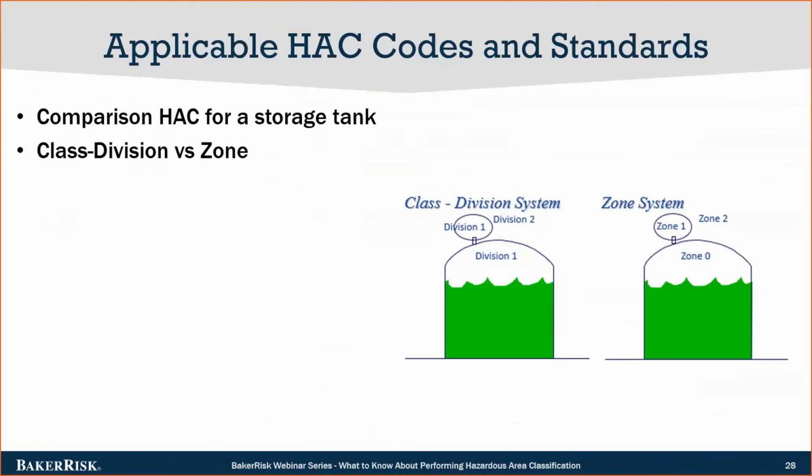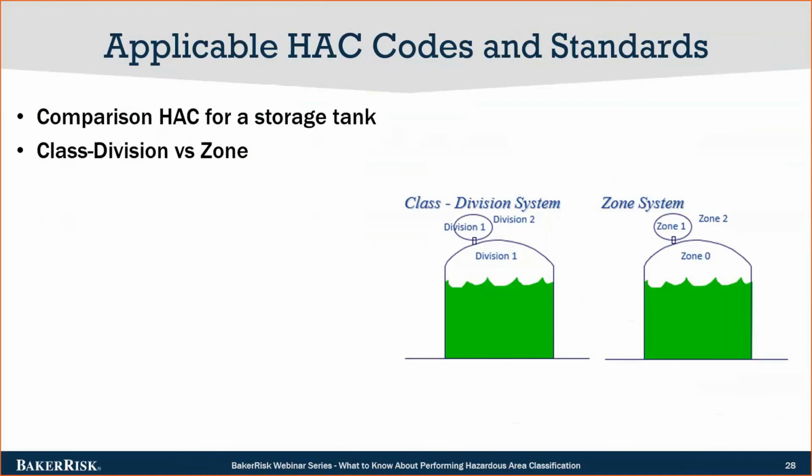And if we look at the left side picture of a tank, we can see that the vapor space using the class division is showing that that vapor space is a division 1. Coming out of the vent on that tank is also division 1, and adjacent to that is division 2. If we're looking at the zone methodology, you can see we have a different set of conditions.